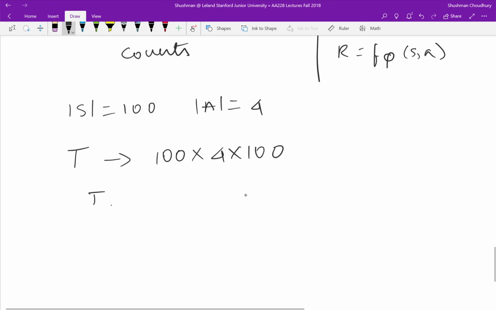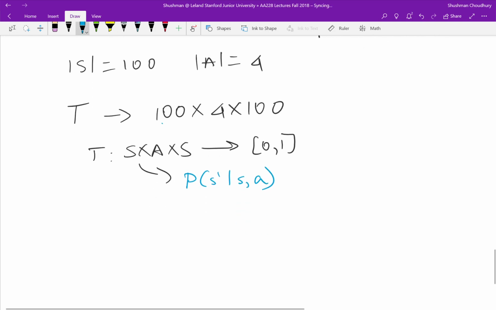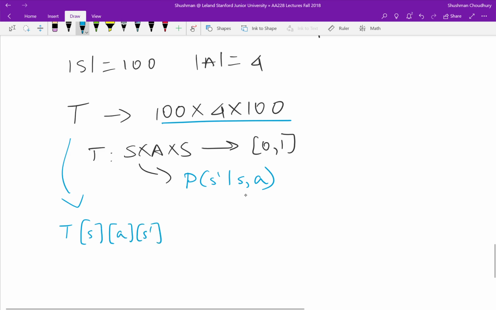Because transition is S cross A cross S to something in 0, 1, which represents the probability of reaching state S prime if we're in state S and take action A. And so that's a 100 cross 4 cross 100 matrix, where in coding terms the Sth, Ath, S primeth entry of T is just this value, right?